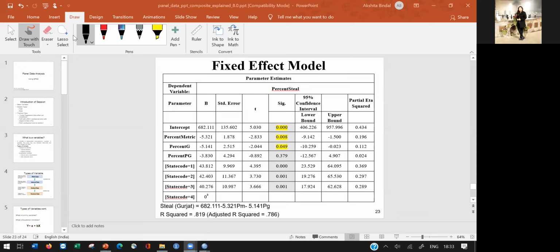Ma'am, if the intercept term is insignificant, then should we include it in the model? No, if your intercept term is not significant, then there is no point in including it in the model. That means that you have got a direct relationship between the independent variable and the dependent variable.